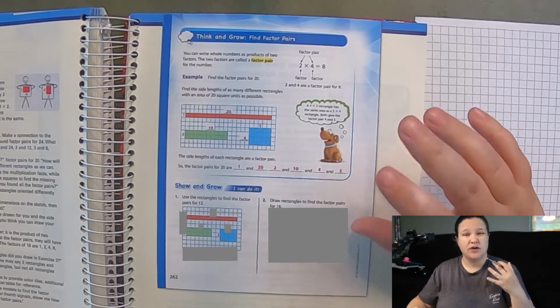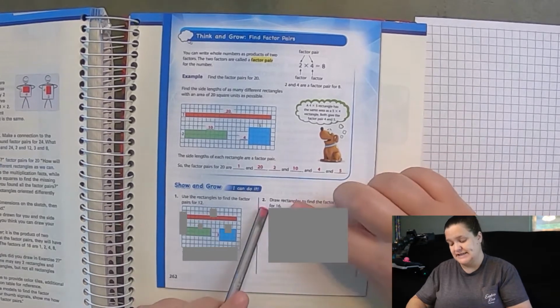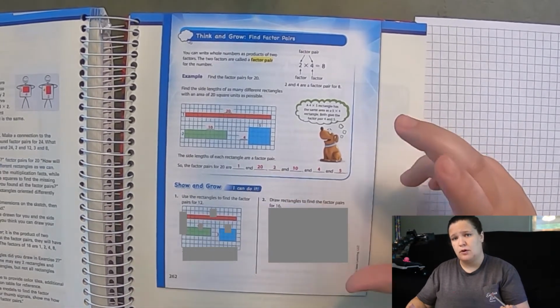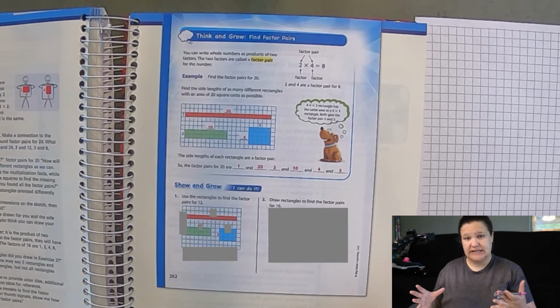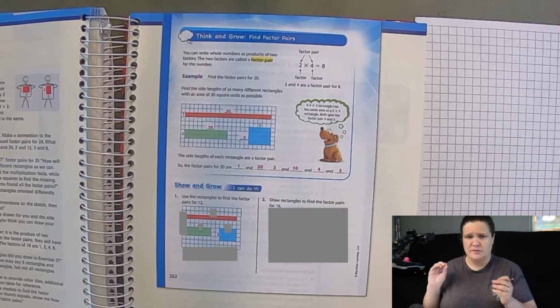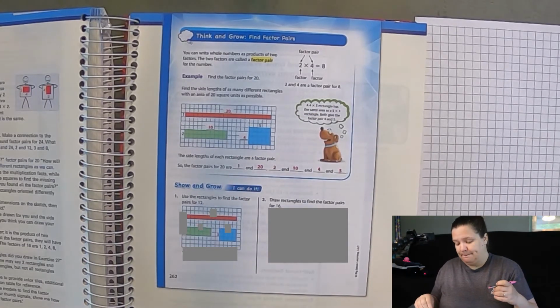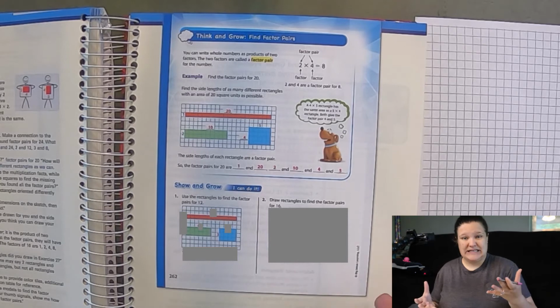This is where knowing your multiplication tables comes in pretty handy, because you can think, for 16, what would my factors be? You can always do 1 and that number, so one of your rectangles will always be 1 and 16 long. Think, what else can you multiply to get 16?